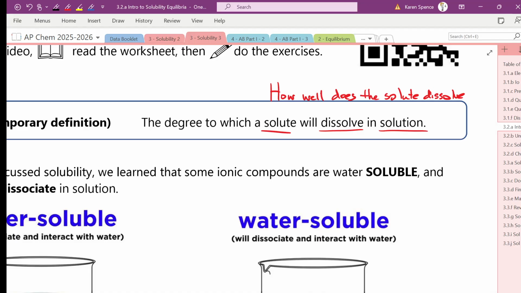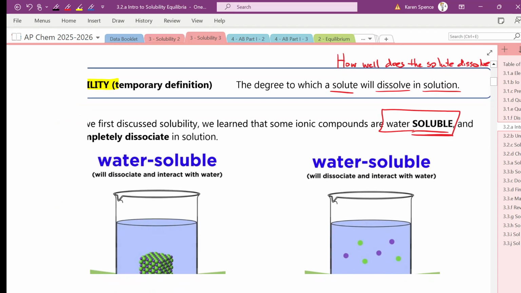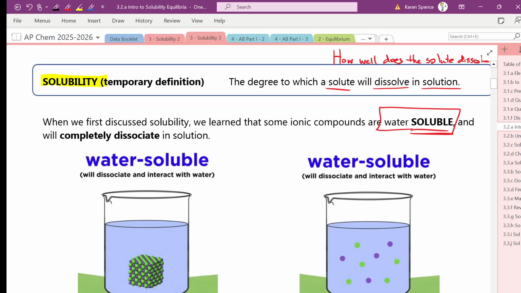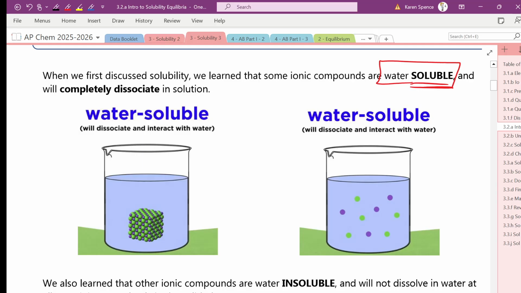Now, back in grade 11, we learned that some ionic compounds are water soluble. And if a compound is water soluble on our little chart, that meant that it would dissociate completely in water.